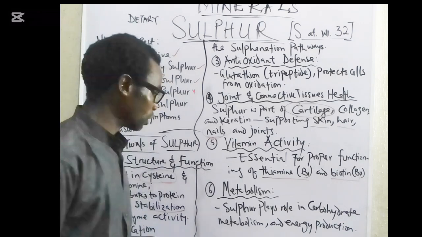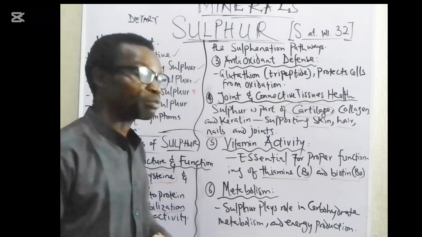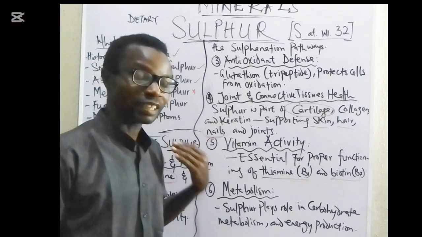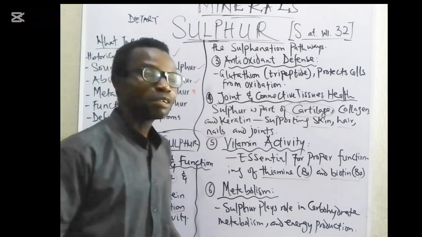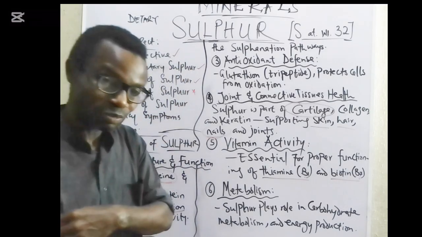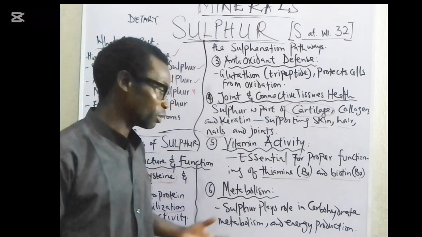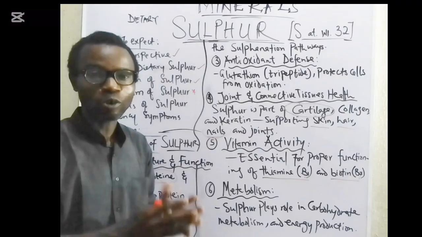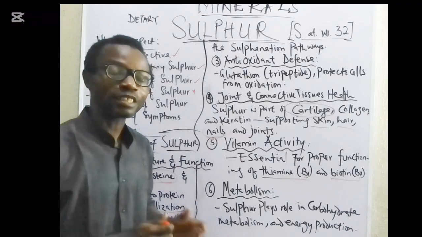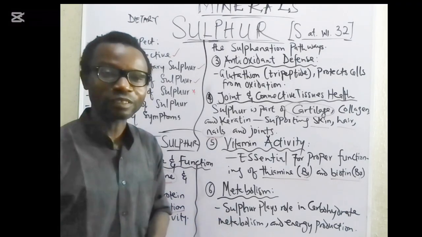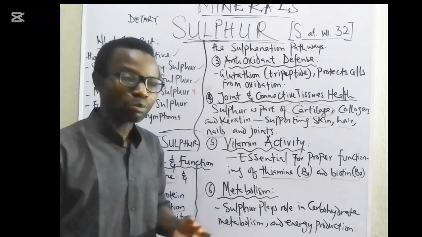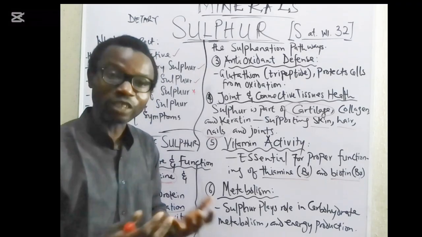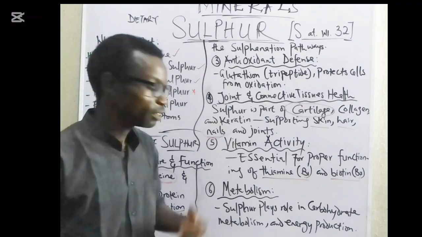Then to wrap it up today, we'll be looking at metabolism. Metabolism we looked at in the past. If you've not watched the last class, please check the last video. You're going to see what we talked about: metabolism has to do with the breaking down and the building up of nutrients. However, in the case of sulfur and some other minerals, there's actually not a breaking down, but there's an absorption and utilization of the mineral.